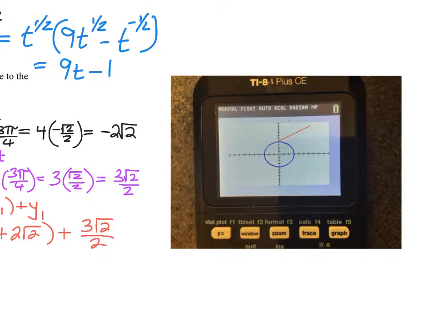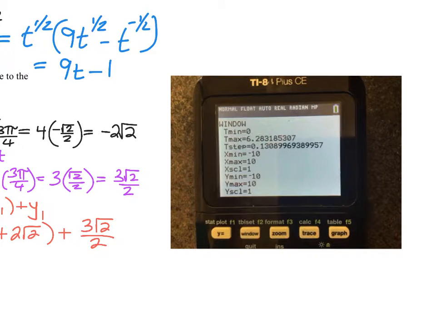Remember, your parametric equations are defined based off of what you let your t parameter min and max out to. So this is saying only go from 0 to 6.28 seconds. I can change that to whatever I want, negative 10 to 10.